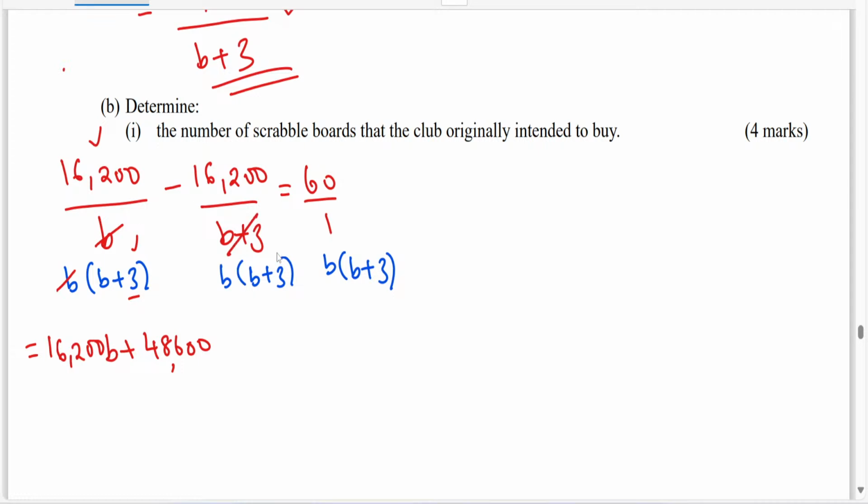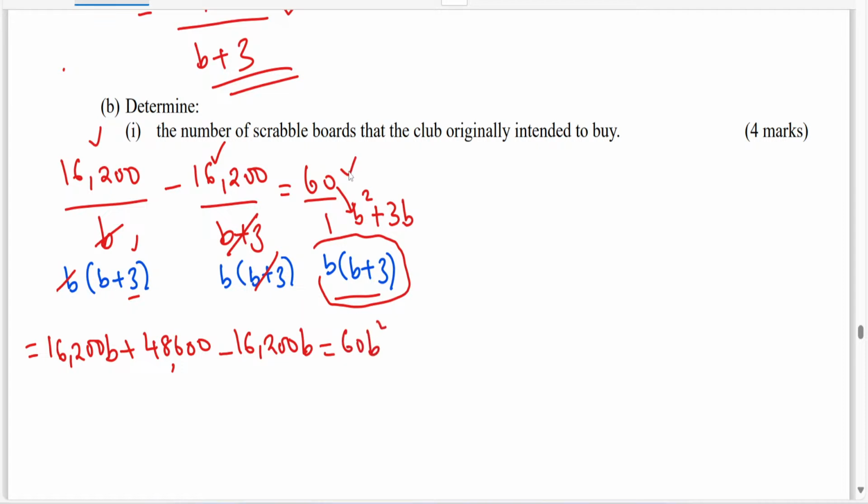Ya pili, hii na hii yatoka, so itakuwa 2 minus 16,200 times B, which is minus 16,200B equal to 60. Uta multiply na hii B, B times B plus 3, which is just B squared, kwa sababu hakuna kitu yatoka nao juu, so you'll expand this, so itakuwa B squared plus 3B. So it means that 60 you multiply to B squared gives you 60B squared, and the same 60 you multiply to 3B, it gives you 180B.